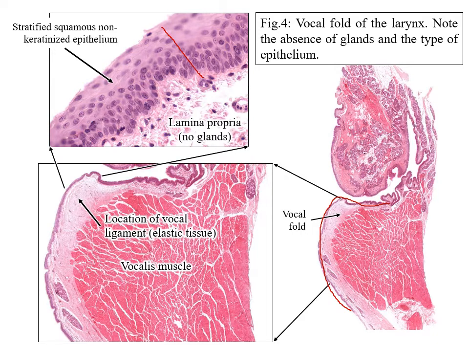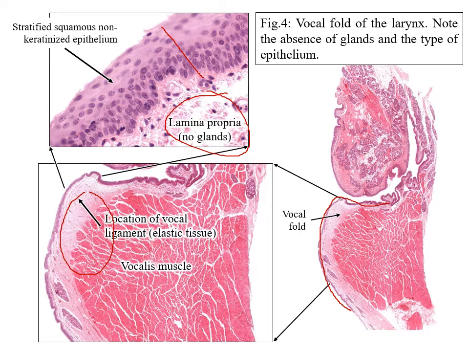Remember that these folds are the ones that are responsible for the production of sound, which happens by vibration of these folds. So they require greater protection. This is why they are lined by stratified squamous non-keratinized epithelium. And in the lamina propria of this fold, there are no glands.